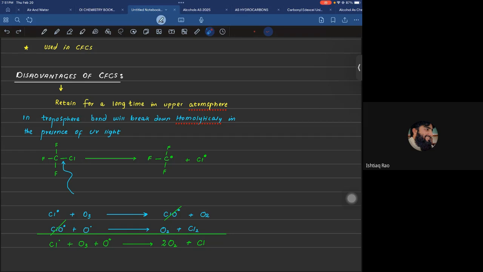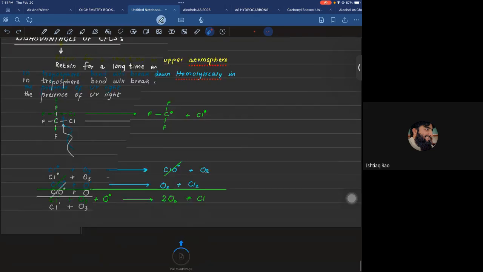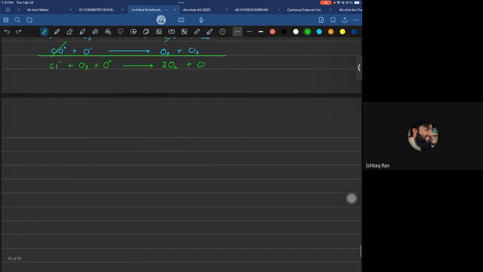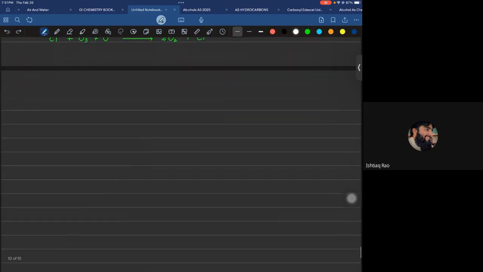So we have some alternatives. We can use hydrofluorocarbon. Number one is HFCs.